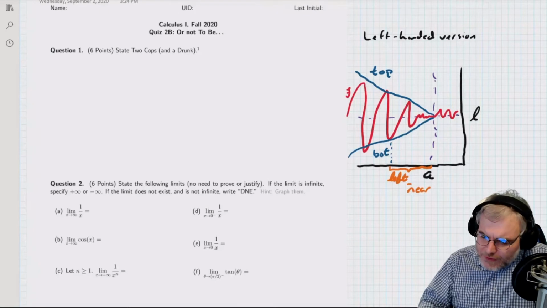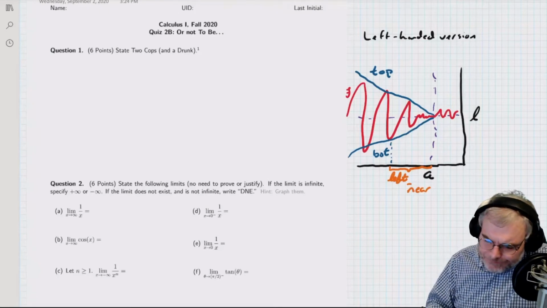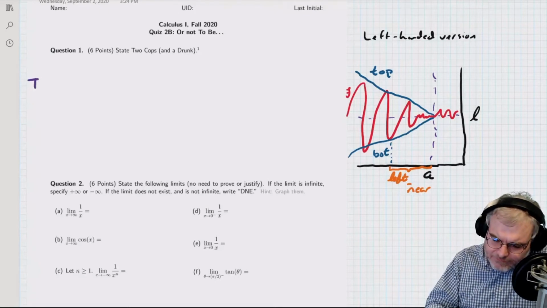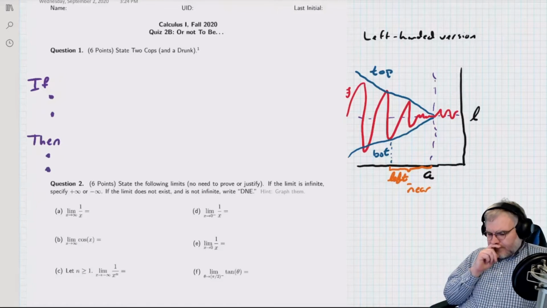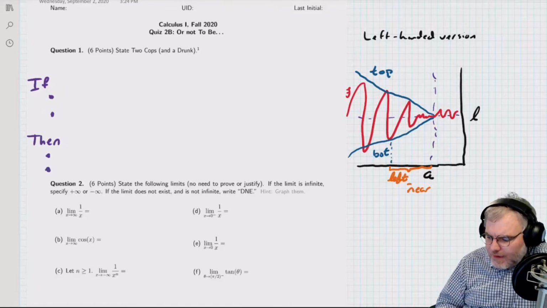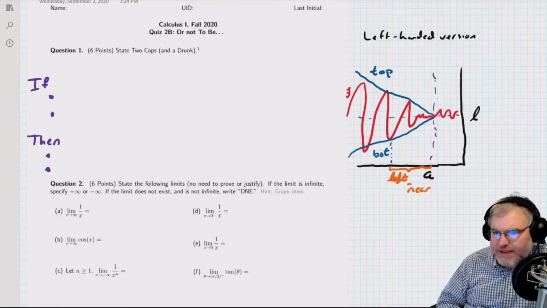So I'm going to write that first. Now I've got this if condition.